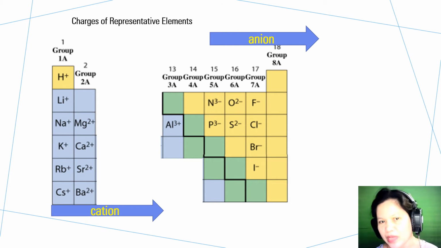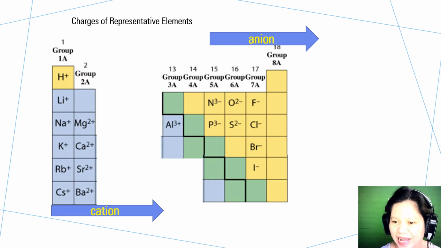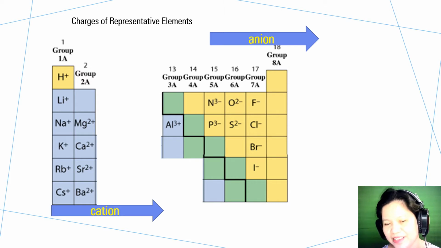So you see, even the elements have the sense of sharing and giving and losing. So it is the same with us. We share, we give, and sometimes we also need to lose something.